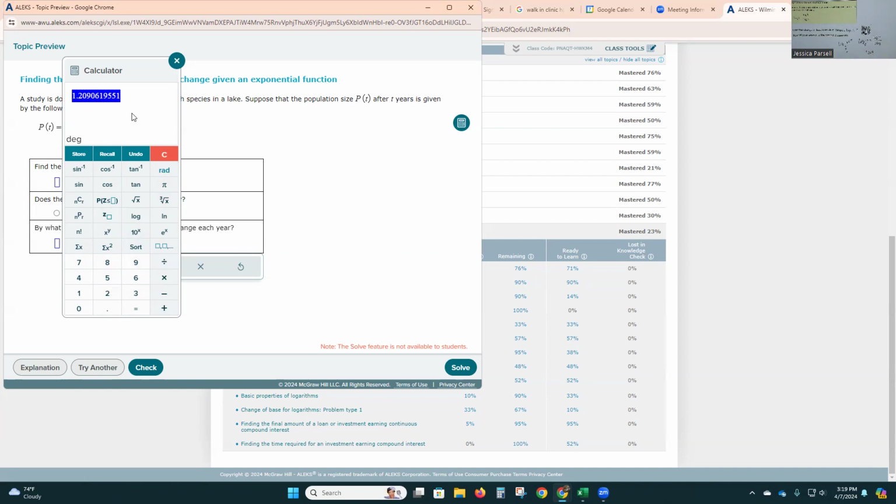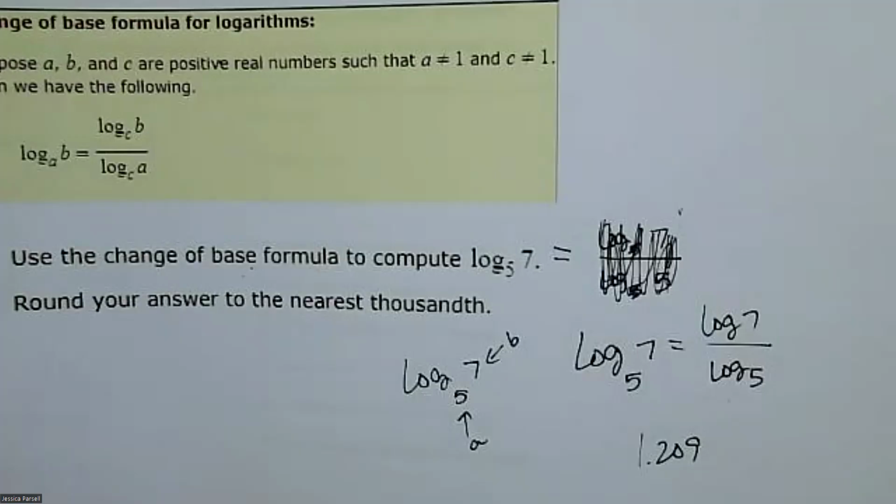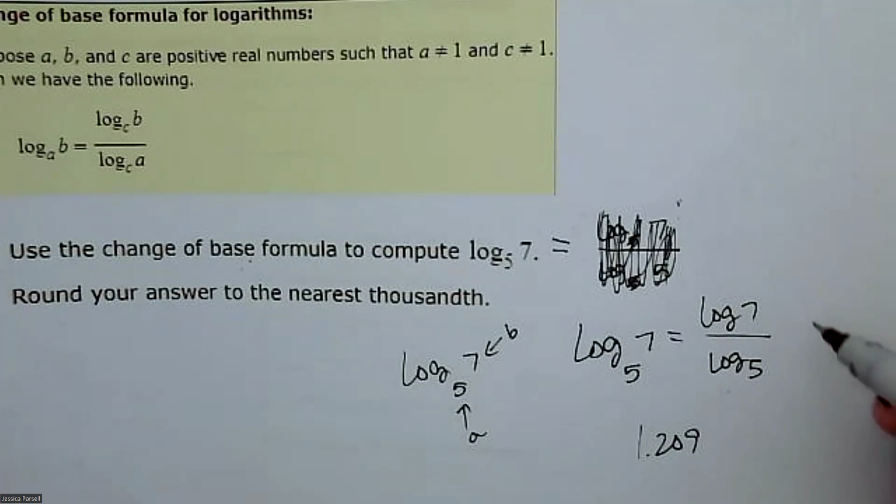Let me write that down. And let's come back over here to this camera. Okay. So in the ALEKS calculator, you're going to have to type this in as log of 7, hit the equal sign, then division, then log of 5, and then the equal sign, and you should get 1.209.